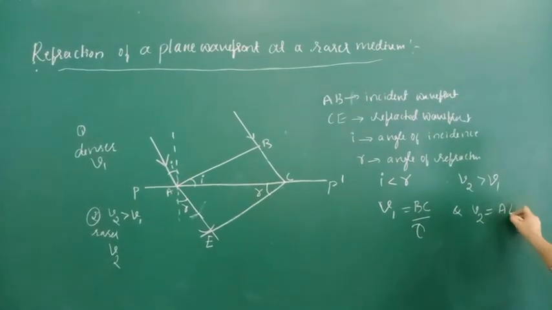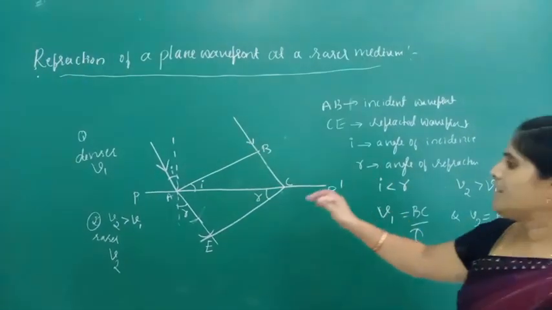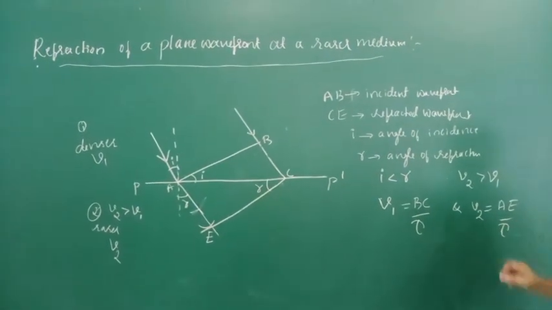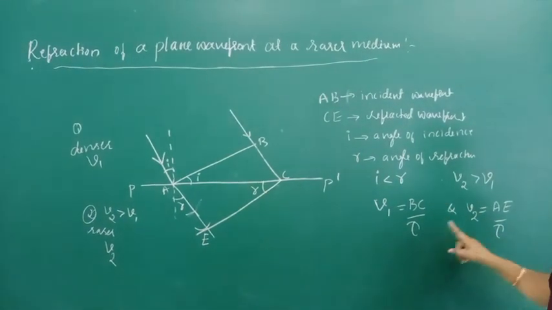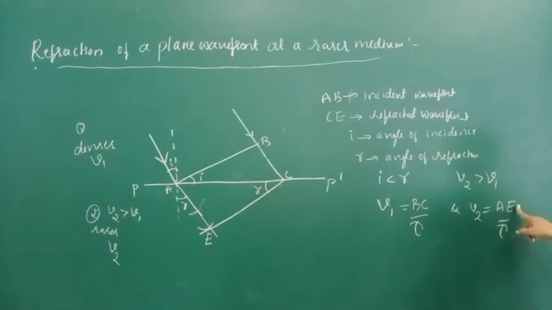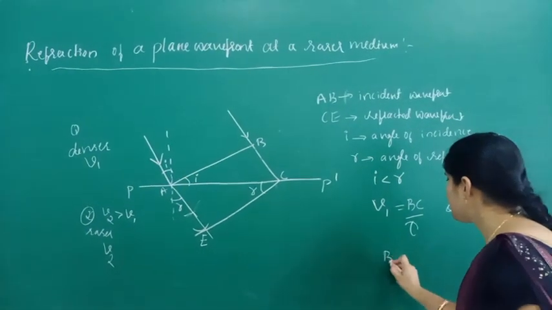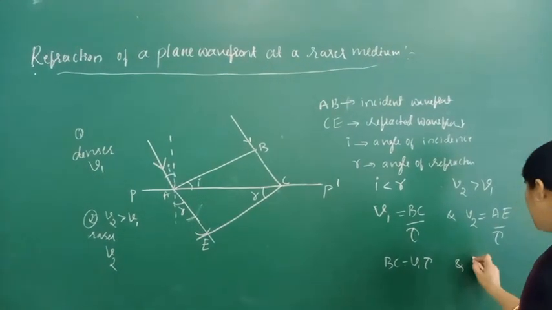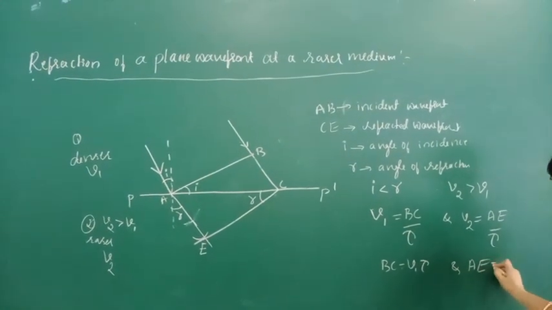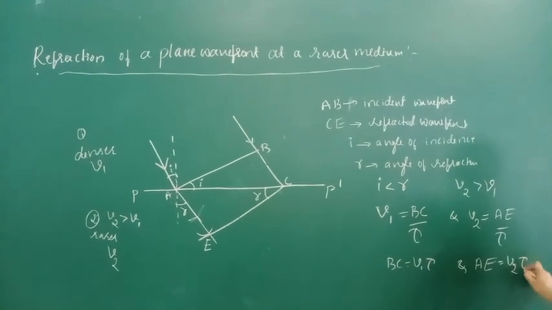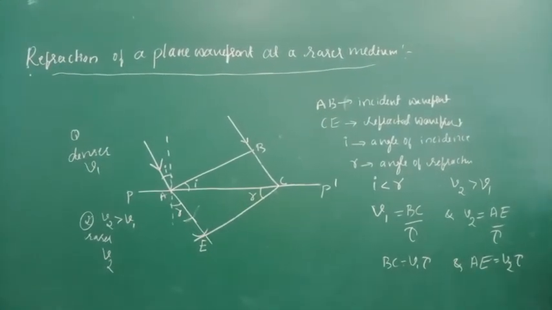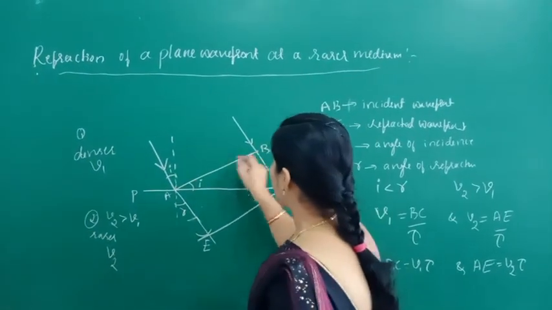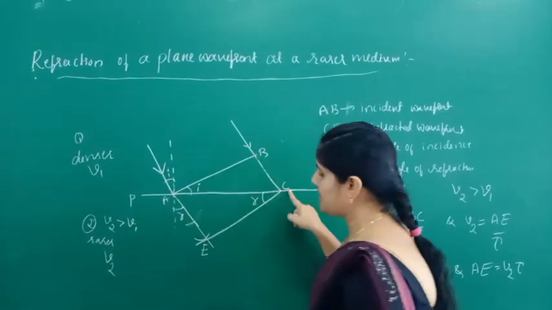The distances AE and BC are travelled in the same interval of time tau. So v1 equals BC by tau and v2 equals AE by tau, which implies BC equals v1 tau and AE equals v2 tau. Okay. Next, from the triangle ABC.